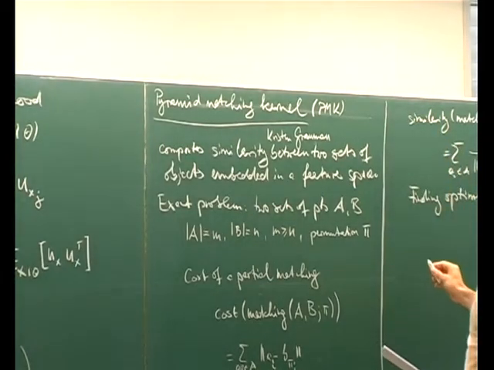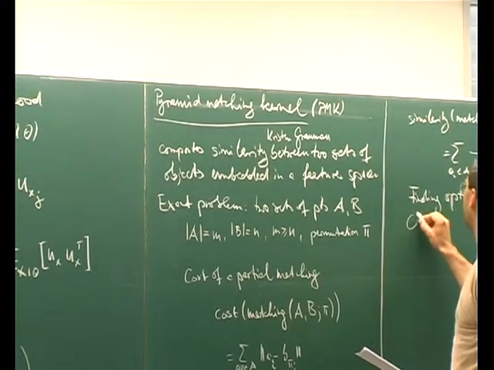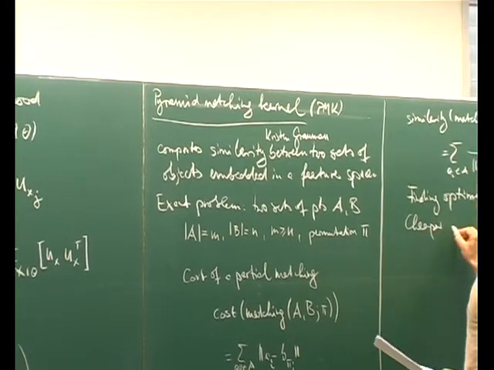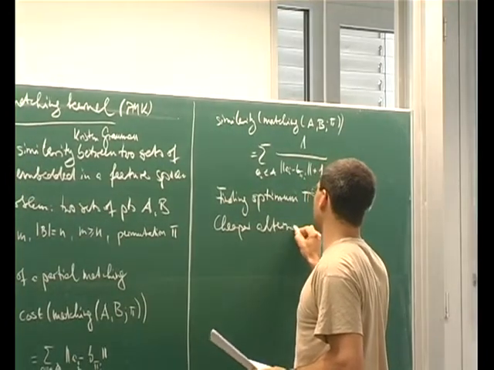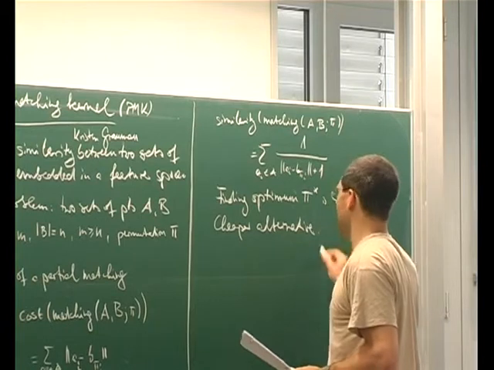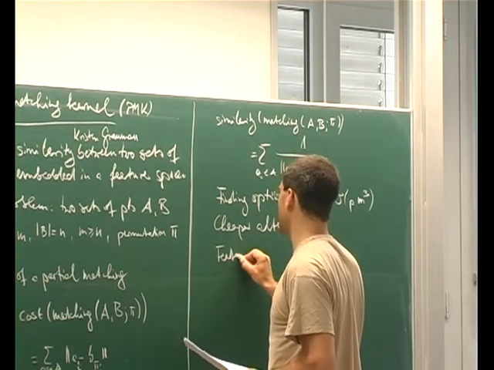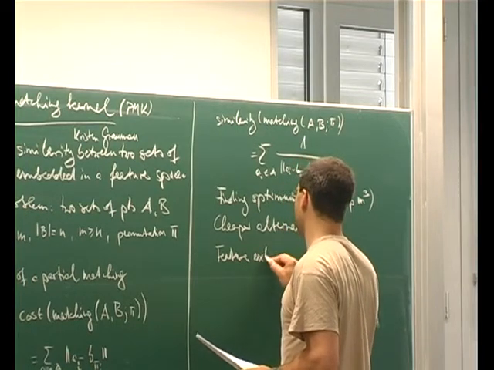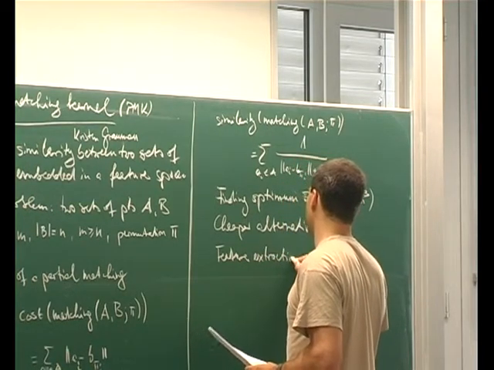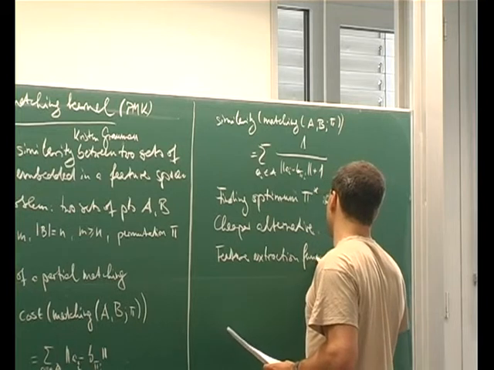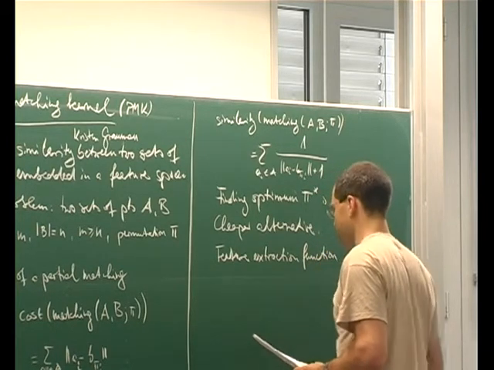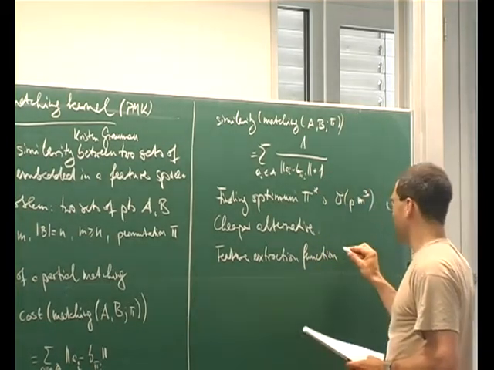So the proposal is, we want to find a cheaper alternative as follows, by first defining a feature extraction function, a pyramid of histograms.